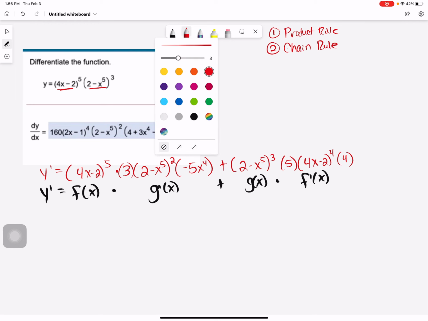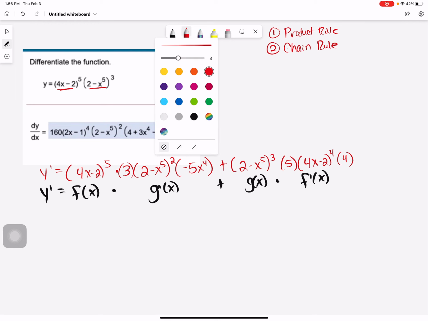So the algebra would consist of, for me, I see that I would multiply, let's use a different color, this 3 and that negative 5x to the 4th. So that would be negative 15x to the 4th.